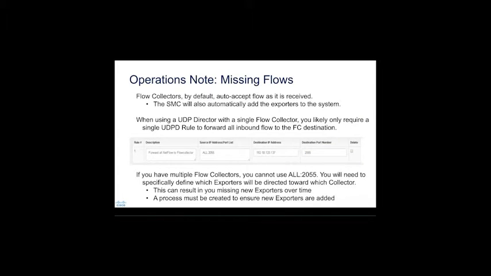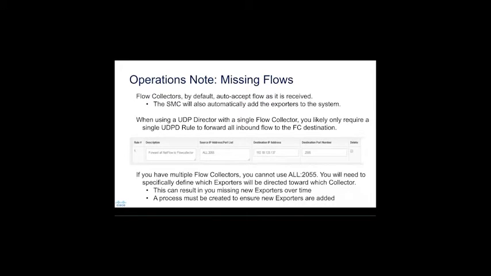Now, I do want to mention something here. We are going to take you through this exact scenario in a lab when you join on a later date, but it is important to understand that when you have the UDP director, you can see a rule on the screen here that has an asterisk :2055 under the source IP column, that second column in the middle of the screen.